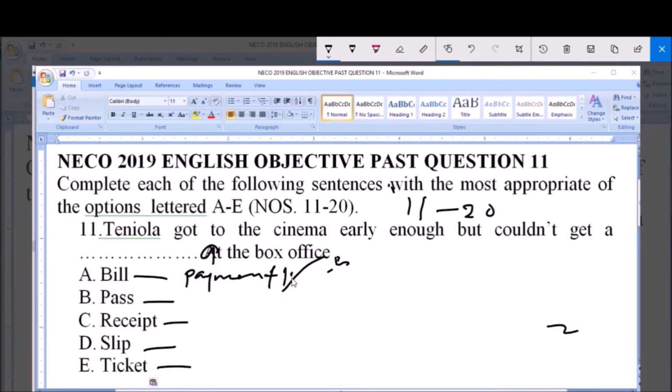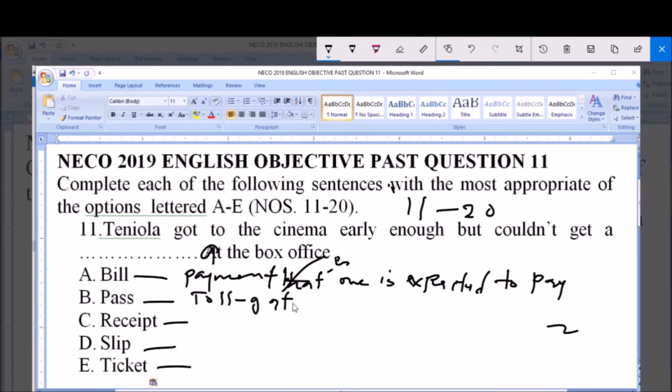that one is expected to pay. The bill also means a written document that has not been passed into law. But when we talk of pass, it is just like a toll gate fee.